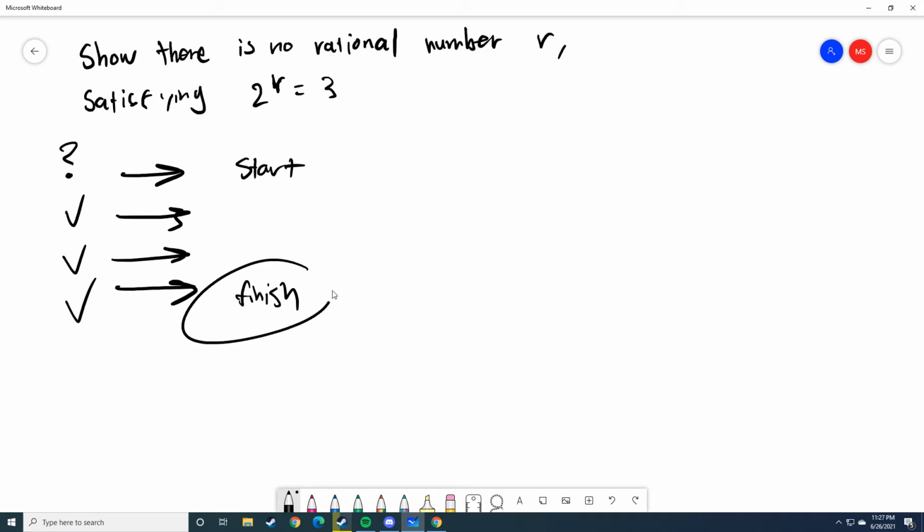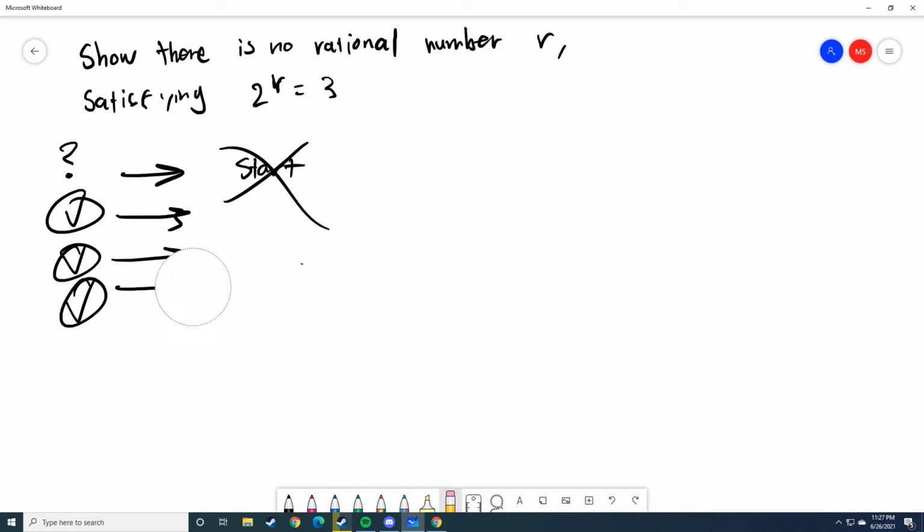And if what we arrive at cannot be true, if we arrive at a contradiction, something that can't possibly be true, well, we know that a series of mathematically sound steps cannot conclude in a contradiction unless one of the steps is wrong. And because every step along the way is right except for the first one that's in question, we can conclude that if the finish has a contradiction, then this starting assumption was wrong.